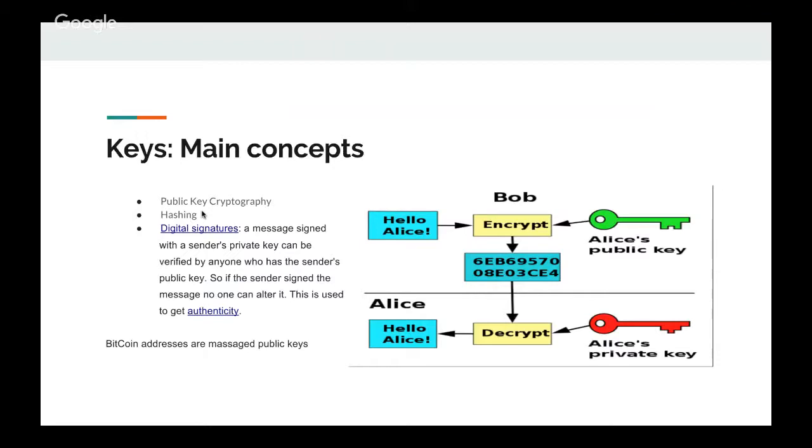Then digital signatures use hashing and public key cryptography in a way such that you can construct messages that cannot be tampered with, by putting a signature on them. The way you put a signature is generally by taking a hash of the message and then signing it with your private key.